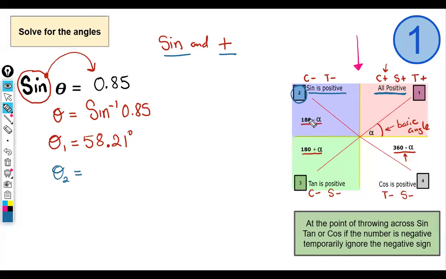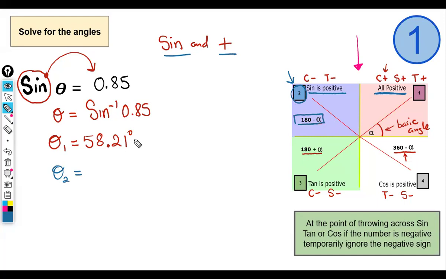So what we need to do now, since sine is allowed to be positive in the second quadrant, we just established this. What's the formula we have to use? This formula, right? You just have to type in 180 minus the first answer we got. You call the first answer the basic answer.